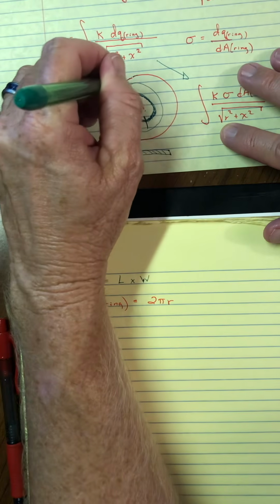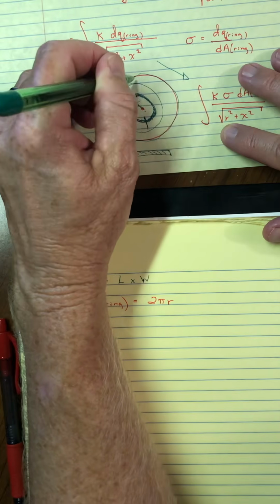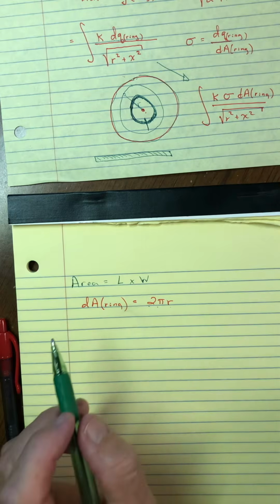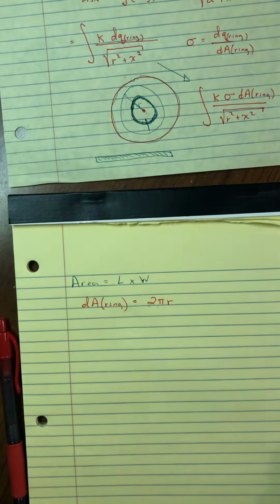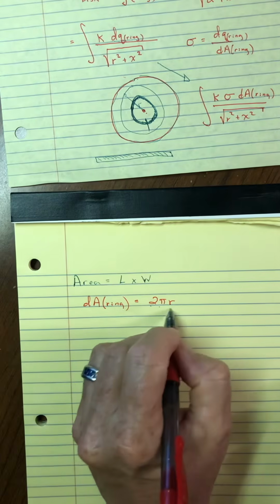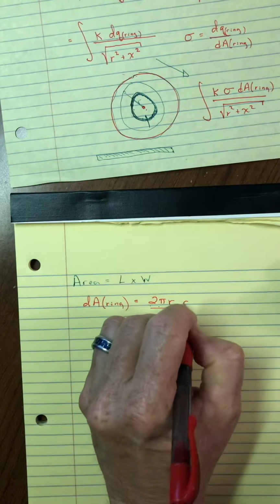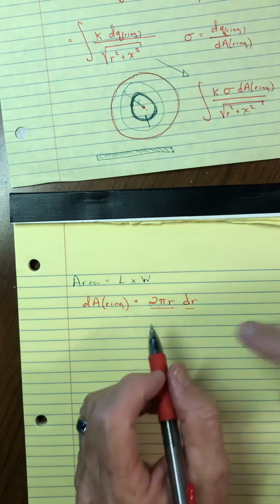And eventually, of course, the last ring I would add up would have a circumference of 2 pi capital R. So the first ring would have a radius of 0, and the last ring would have a capital R. So that's the length of it. And then the width of it would be how thick this is, and that would be the dr, right? That would be an infinitesimal thickness in this direction, which is the r.